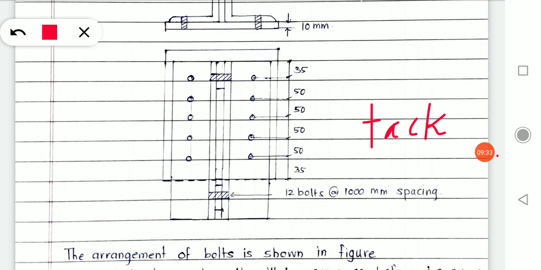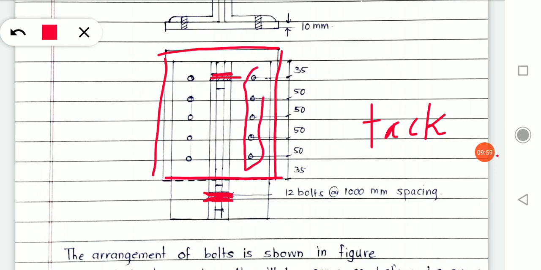And these tack bolts are mentioned over here. See, those are placed beyond your gusset plate. Your gusset plate ends over here, but the tack bolts are placed outside it. What's the purpose? Because you have one connection over here also and here. These are your connecting load transfer or load carrying bolts.